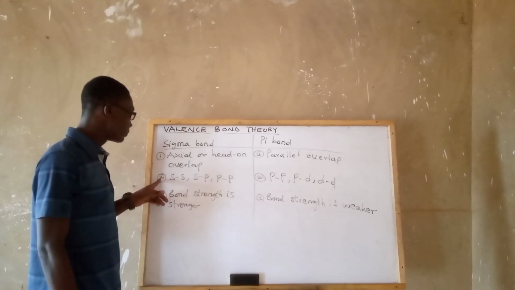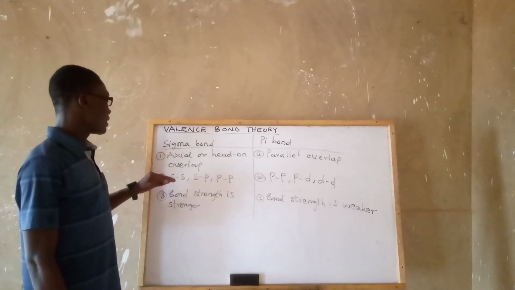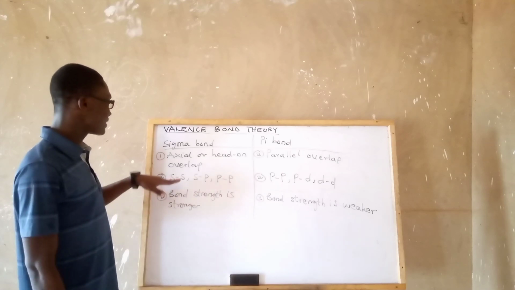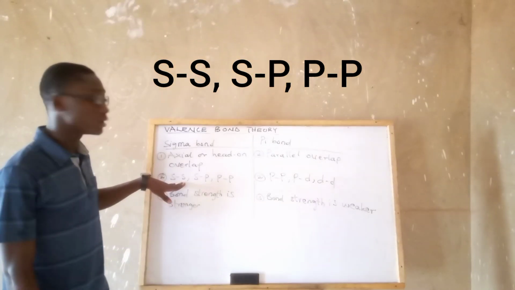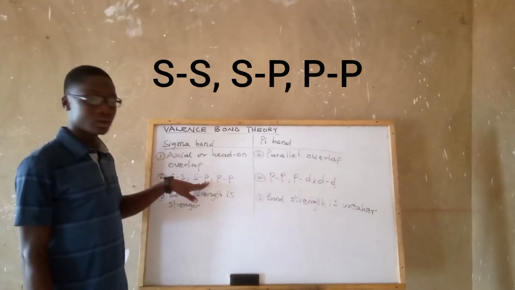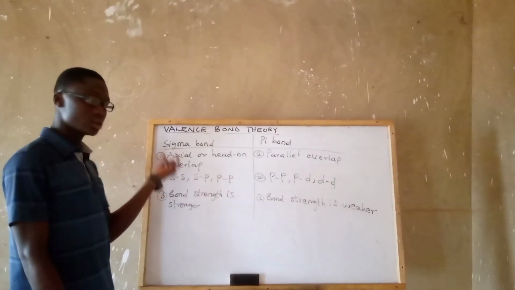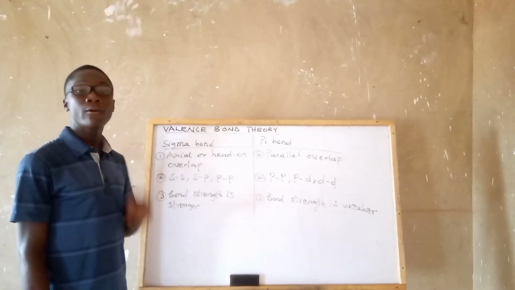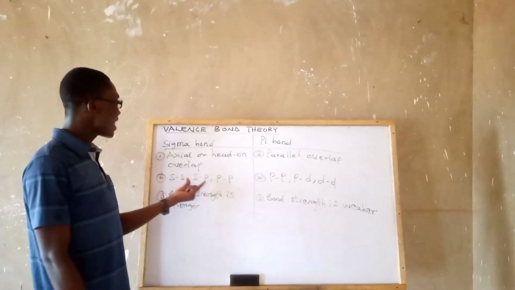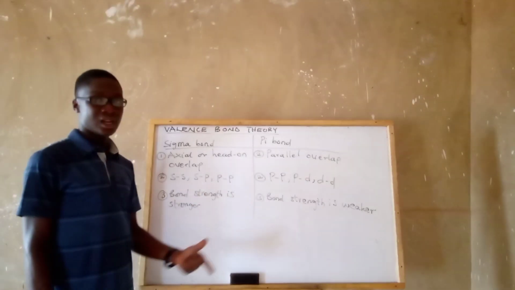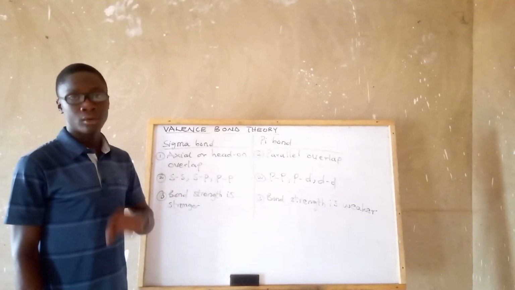For number 2, we are saying that sigma bonds are formed between SS orbitals, or SP orbitals, or PP orbitals. So when we have SS overlap, it forms a sigma bond, or SP overlap, it forms a sigma bond, or PP overlap, it can also form a sigma bond.